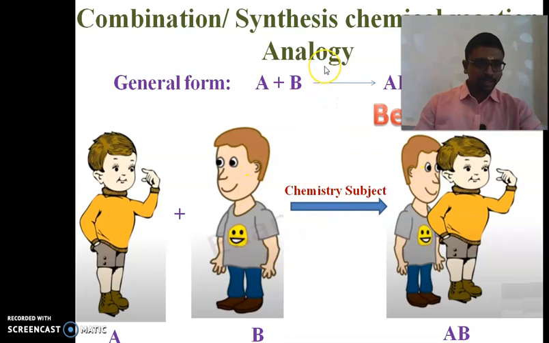External factor means when we heat, or add a catalyst, or add pressure, or add some other external factors. From that it forms a new product, a new compound, and that is known as combination reaction.